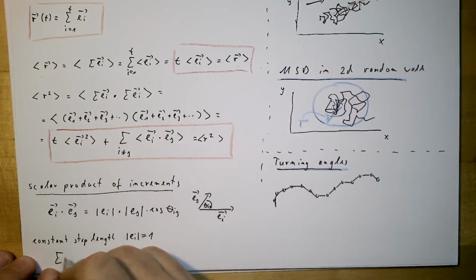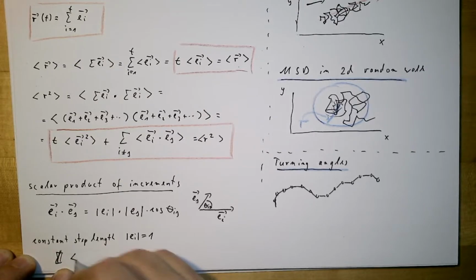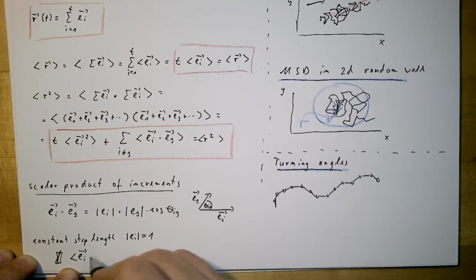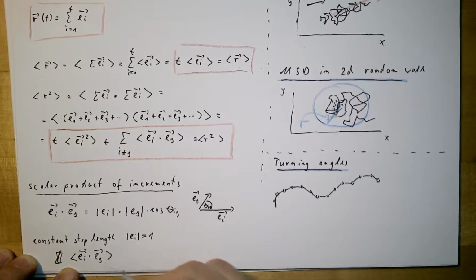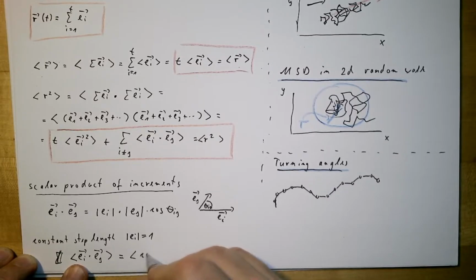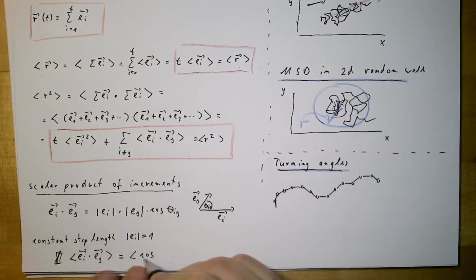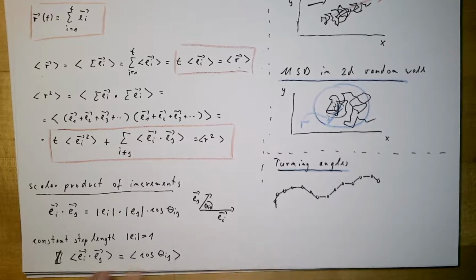And so here in the covariance sum, we don't even need the sum. We have this covariance e_i times e_j, then it's just the expectation of the cosine, which comes from the scalar product of the turning angles.